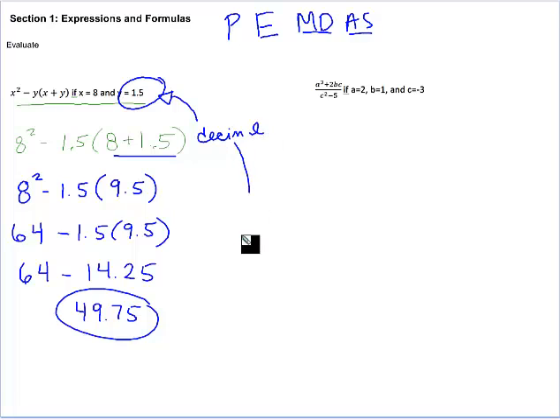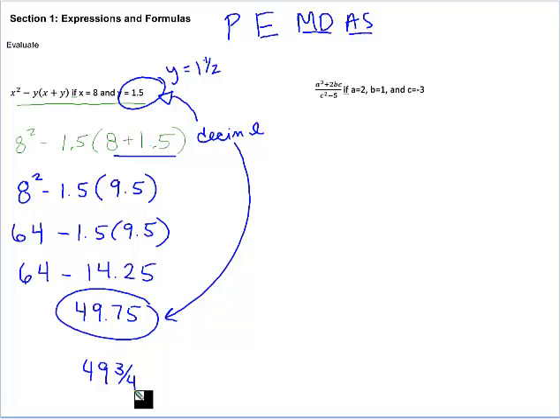Since this is written in a decimal, our answer should be in decimal form. We always want to answer the same way our information is given to us. So if that was not a decimal, if instead that said 1 and 1/2, we would have to answer in fractional form. So if that said y is 1 and 1/2, we'd have to say our final answer is 49 3/4.